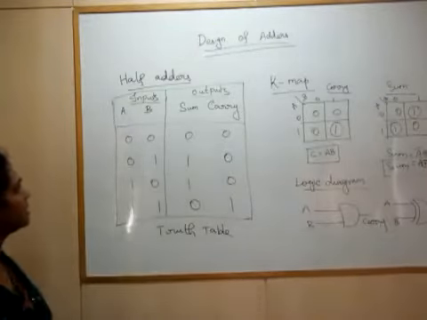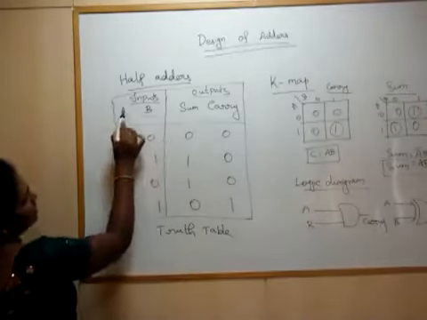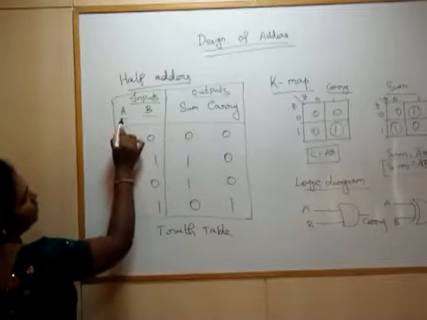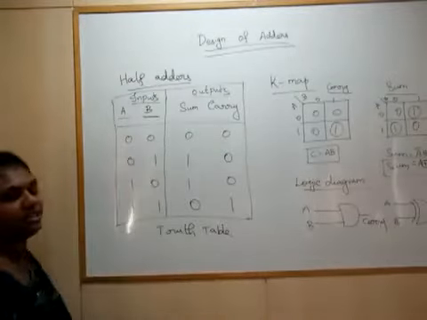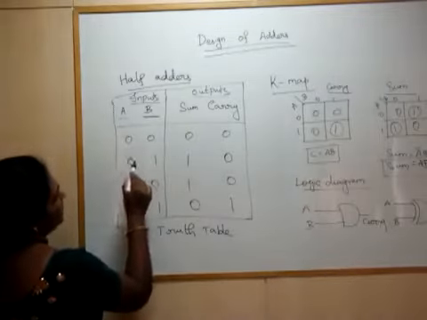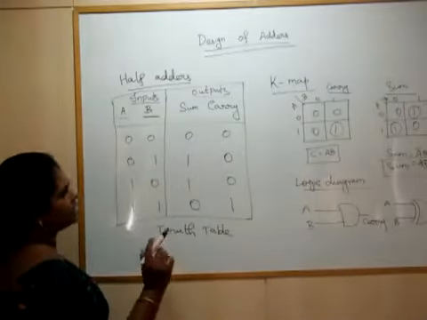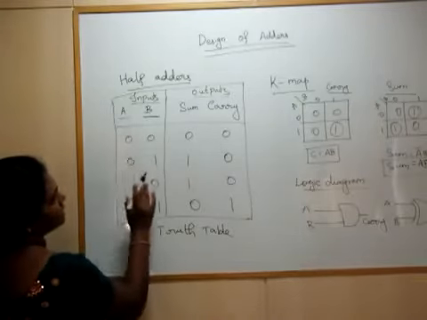A half adder adds only two bits, where A is one input and B is the other input bit. Binary deals with zeros and ones, so we are going to add only zeros and ones.